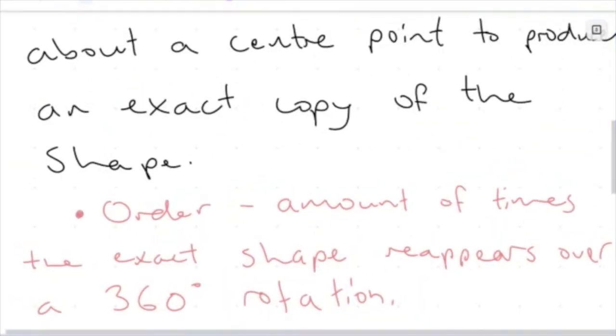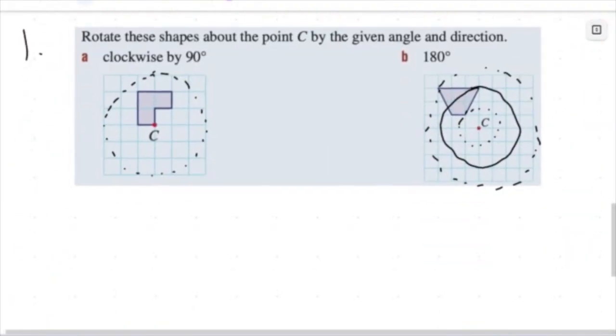But now we are going to move on to trying to, in our heads, visualize rotating shapes around some center point. So I have these shapes on a grid. I have this kind of little Tetris block here in example A, and I have a trapezium in example B. And I've drawn these little dotted circles to hopefully give you a little visualization of a type of 360-degree rotation and the trajectory each of these points is going to make.